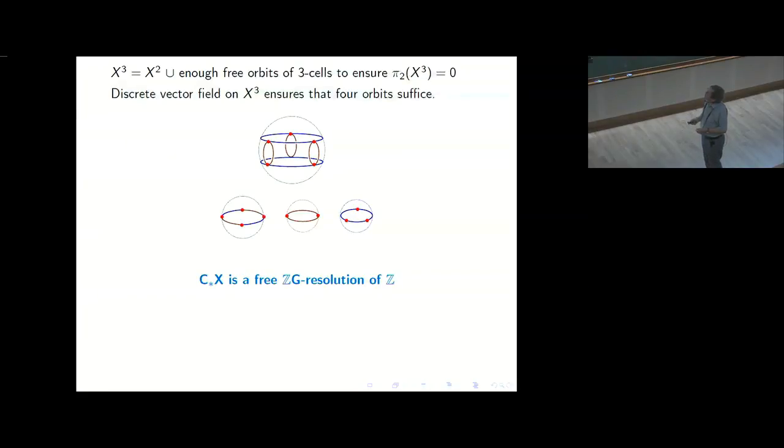And that's implemented in GAP in the following sense. At least the cellular chain complex of X is there, has a free ZG resolution.